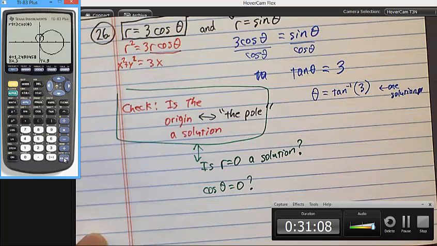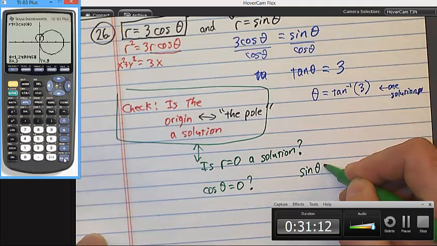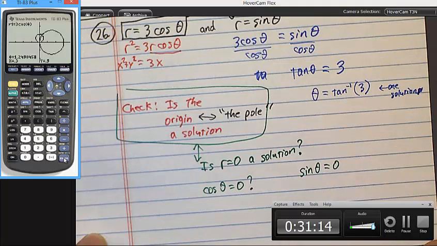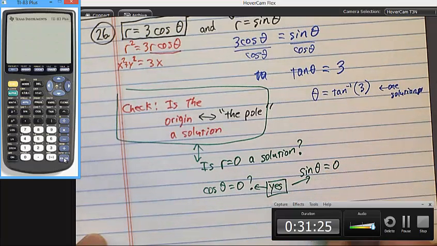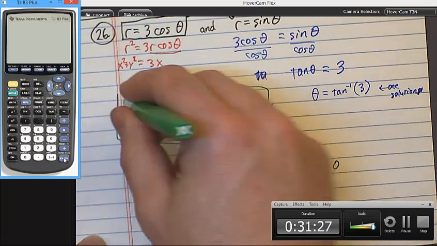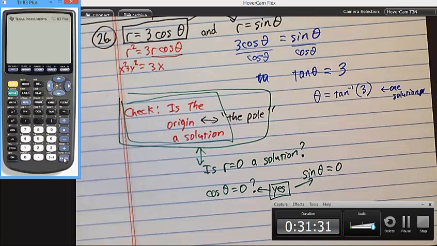So you can get solutions that way. And what about sine? Sine of theta equals 0. Where does that happen? 0, pi, 2 pi. But the point is that, yes, they both happen. Okay? So is the origin a solution? You guys are going to have to check that separately. Does that make sense to people? Very good. Okay.